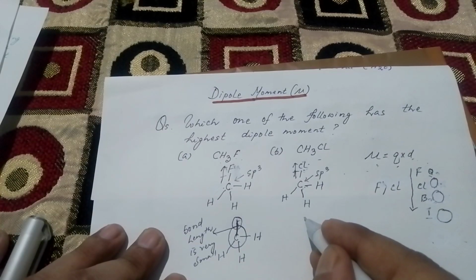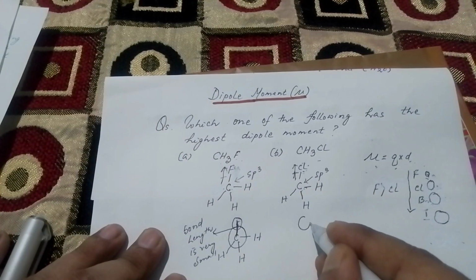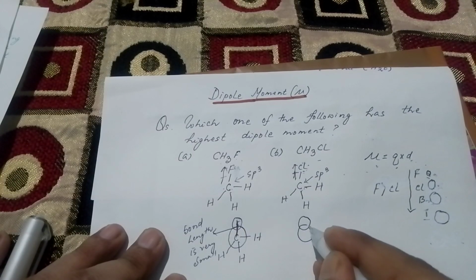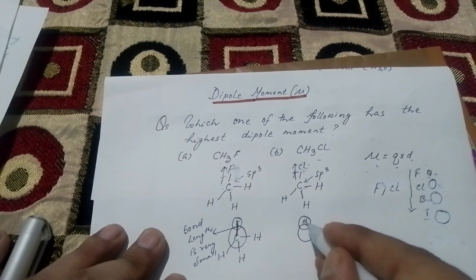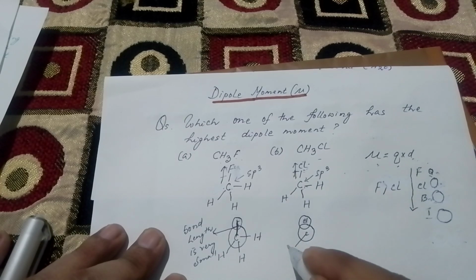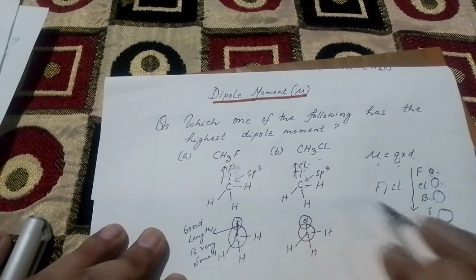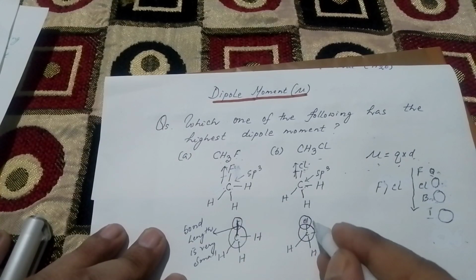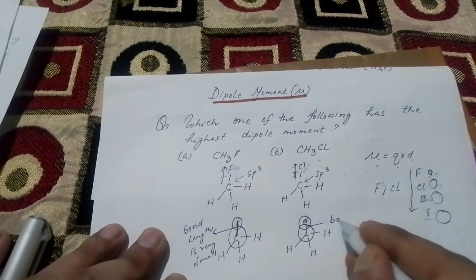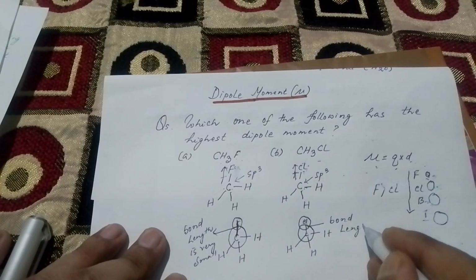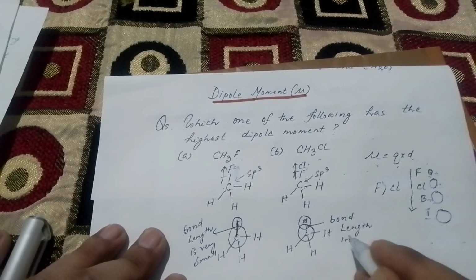Now when you compare to chlorine, chlorine has a larger atomic radius than fluorine. This one is chlorine, Cl, and this is hydrogen. Because of the larger atomic size of chlorine, the bond length increases.